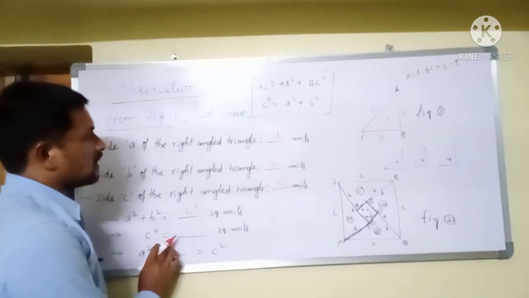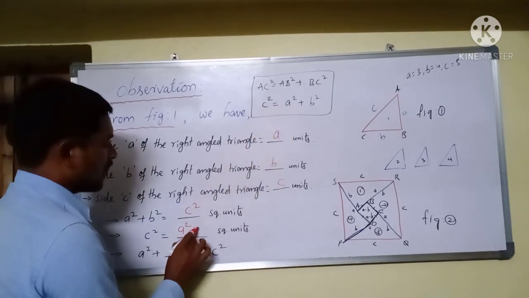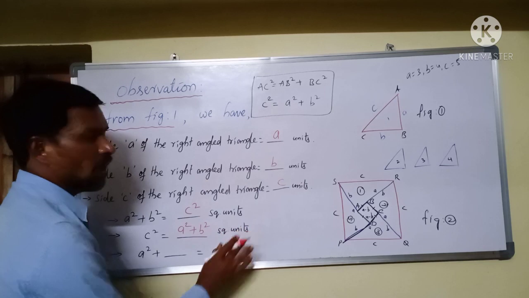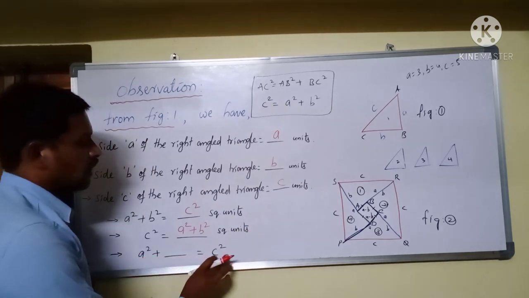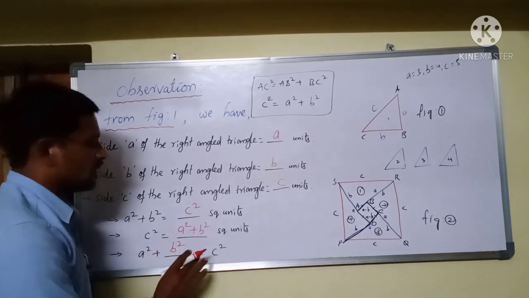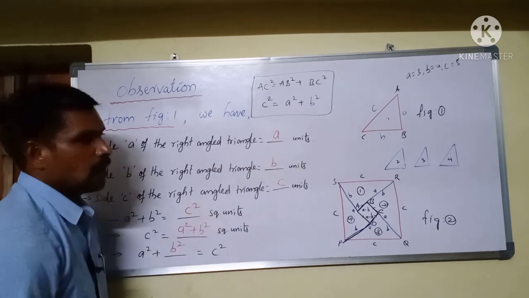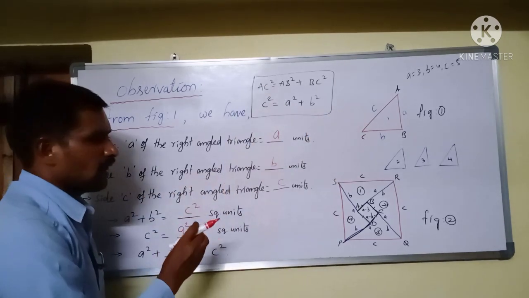C square is equal to A square plus B square square units. So A square plus B square is equal to C square. So from figure 1, these are the observations.